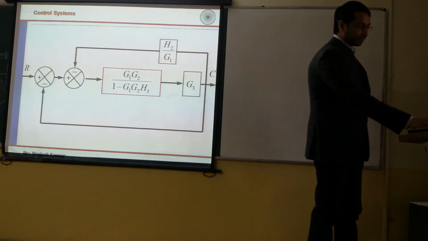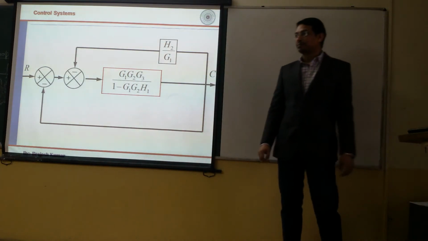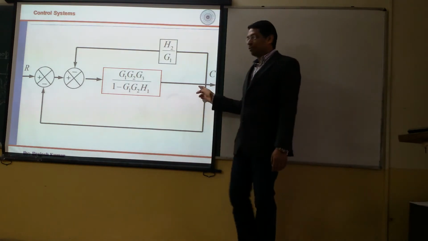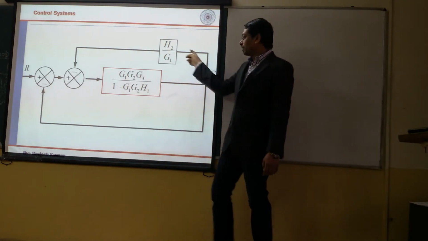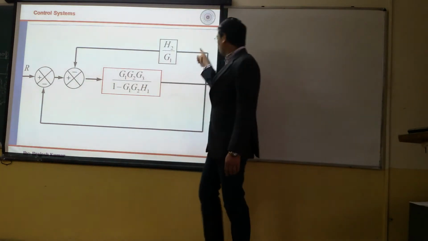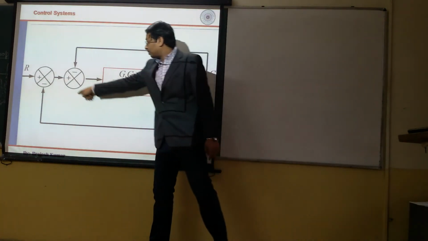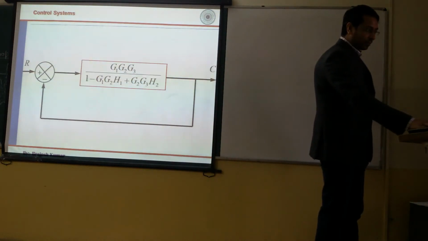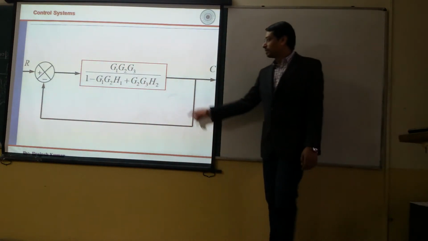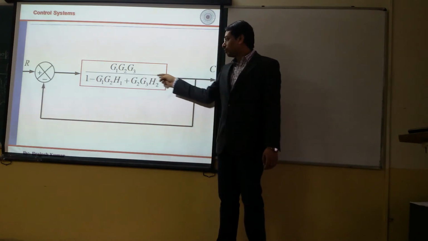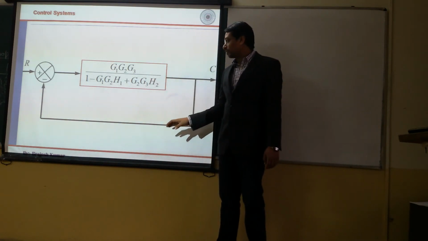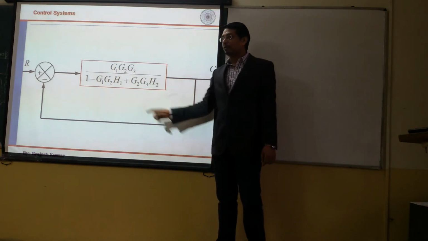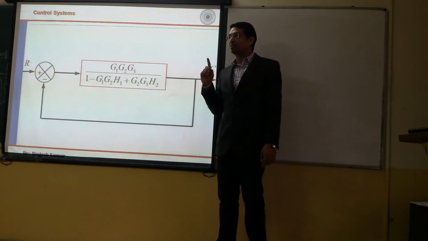After that, you are having one block with negative feedback here. So you are going to solve this particular one, and you will get G1, G2, G3 upon something in the denominator. You are left with only a single feedback component with feedback gain just 1.